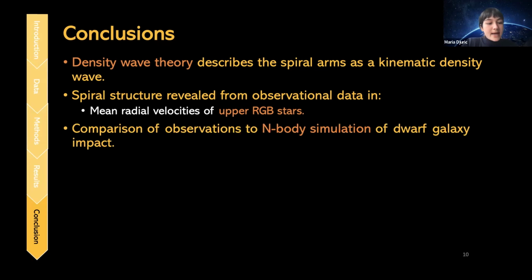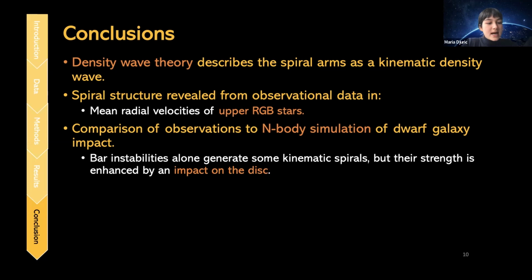Moreover, I compared my observational data to an N-body simulation of a stellar disk perturbed by the impact of a dwarf galaxy. We did find a best fit to the bar disk models with either near or far impact, although I think it's not until this model incorporates gas and can thus model star formation that we will be able to have more accurate or informative comparisons to our observations.